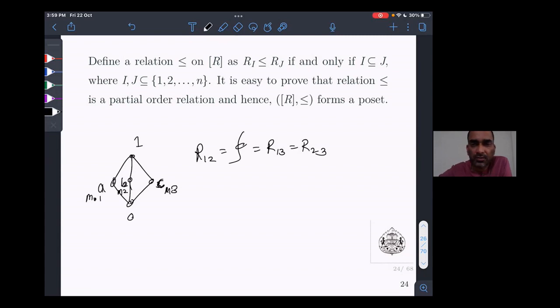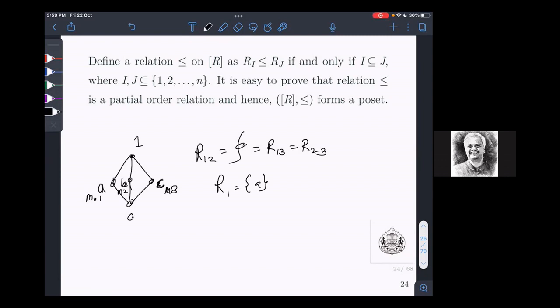Yes, sir. So once the construction, what will be R1? R1 will be A only. 0 won't be there, because 0 is there in M2 and 0 is there in M3. Is this part clear?